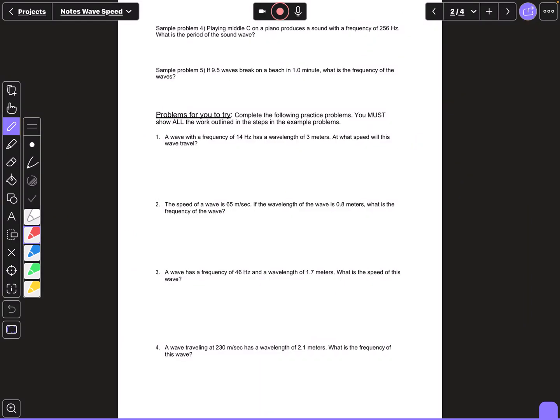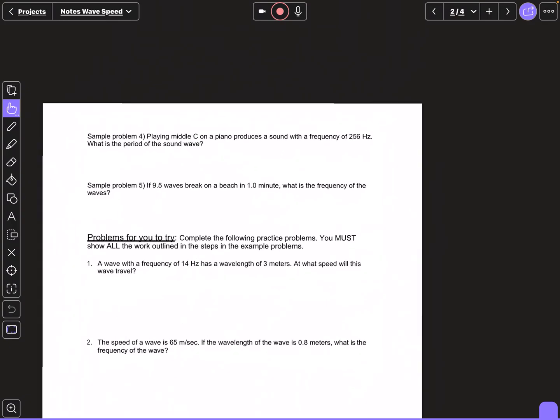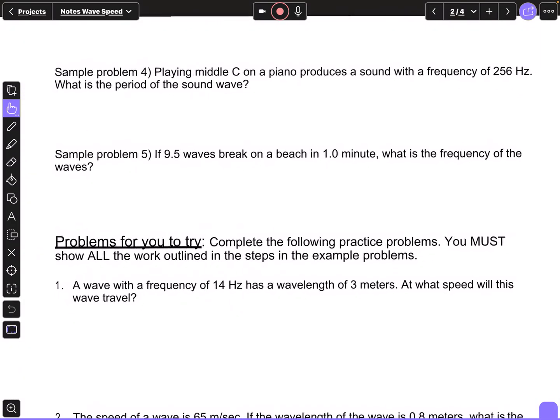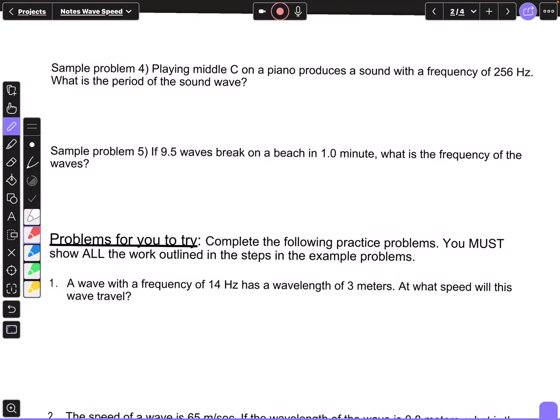Now, next sample problem, look up here at the top. Playing middle C on a piano produces a sound with a frequency of 250 hertz. So it's giving me a frequency. What is the period of the wave? Now, for the period, we're only given frequency here, and we're asked to solve for the period.